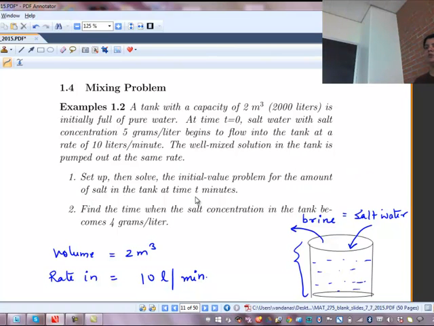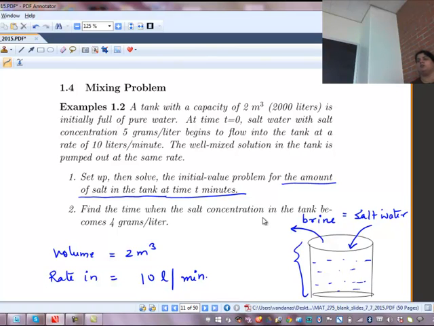for the amount of salt in the tank at time t minutes. So basically you should forget every single thing and just focus on this last line: amount of salt in the tank at time t minutes. So what is the unknown function in the whole problem?